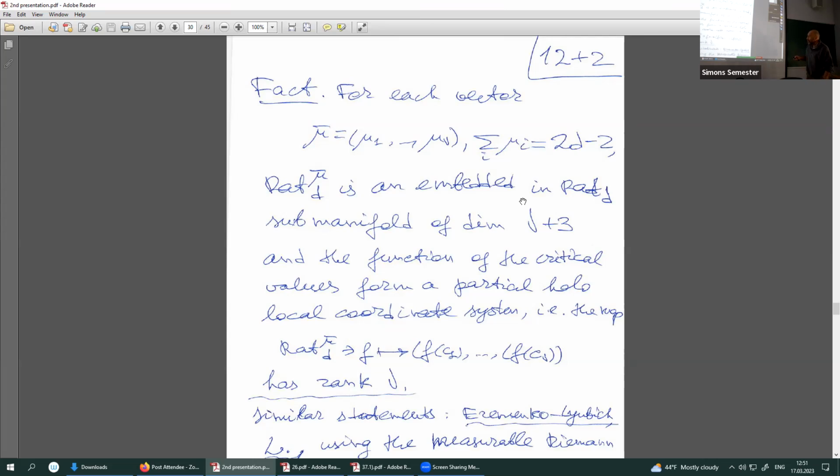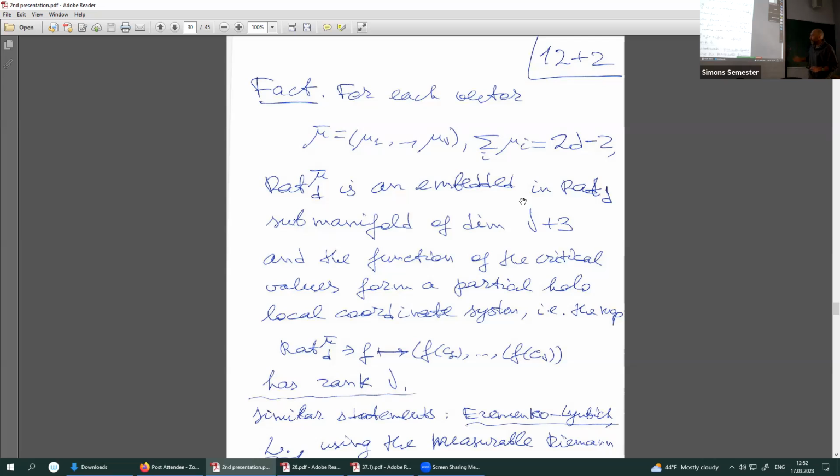But what is important is that the vector of critical values forms a partial holomorphic local coordinate system. Okay, so it cannot be the whole coordinate system because if you take f and precompose it by a Möbius transformation, then the set of critical values stays the same. Okay. So, and this Möbius transformation gives 3 more coordinates, okay, together with the list of critical values.